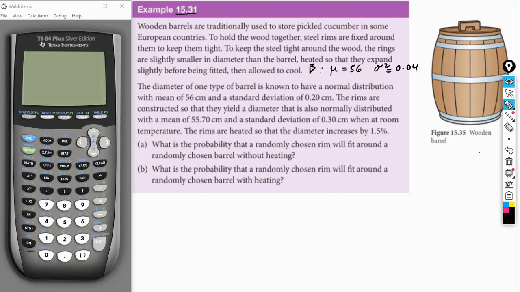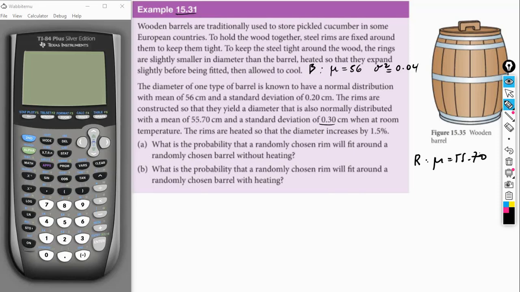The rims are constructed so that they yield a diameter that is also normally distributed, with a mean of 55.70 centimeters. So for the rims, the diameter has a mean of 55.70 and a standard deviation of 0.30.